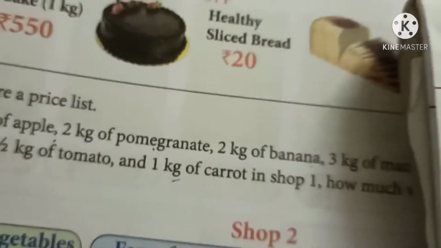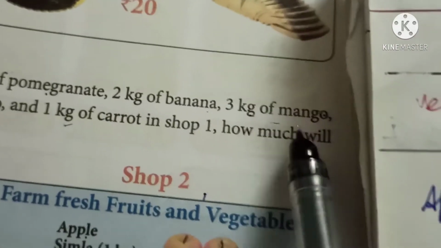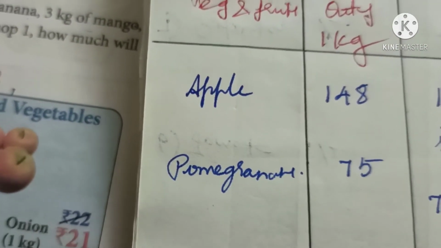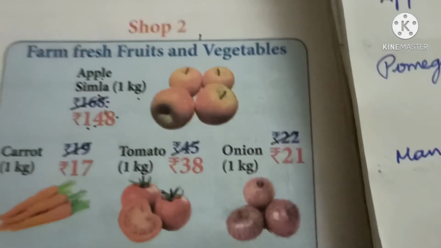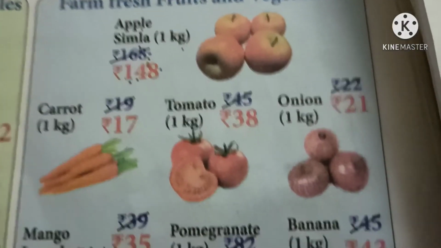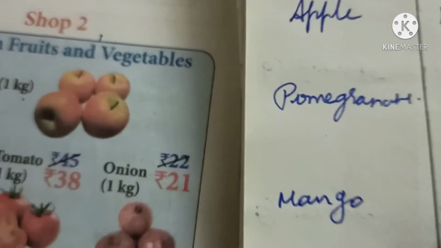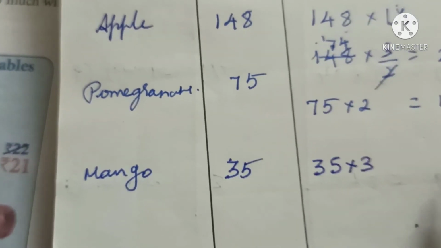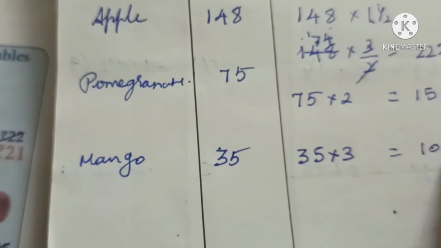And next one, 3 kg of mango. 1 kg of mango is 35 rupees. So we need 3 kg, 35 into 3, which is equal to 105.